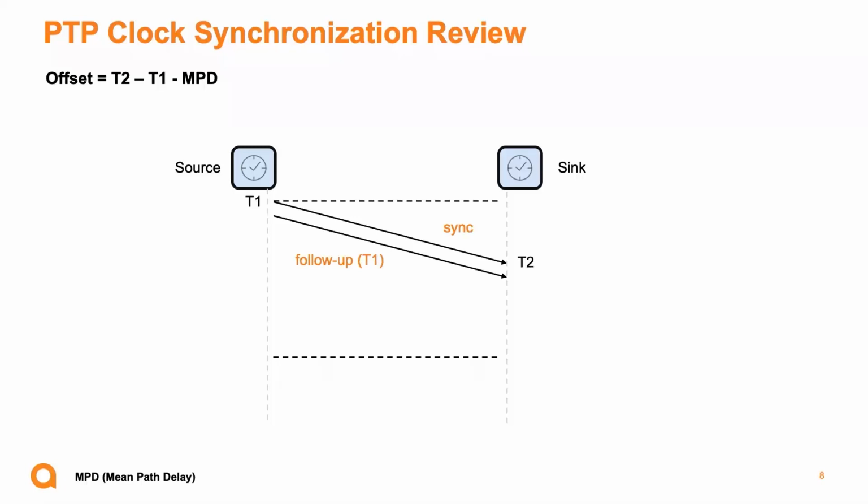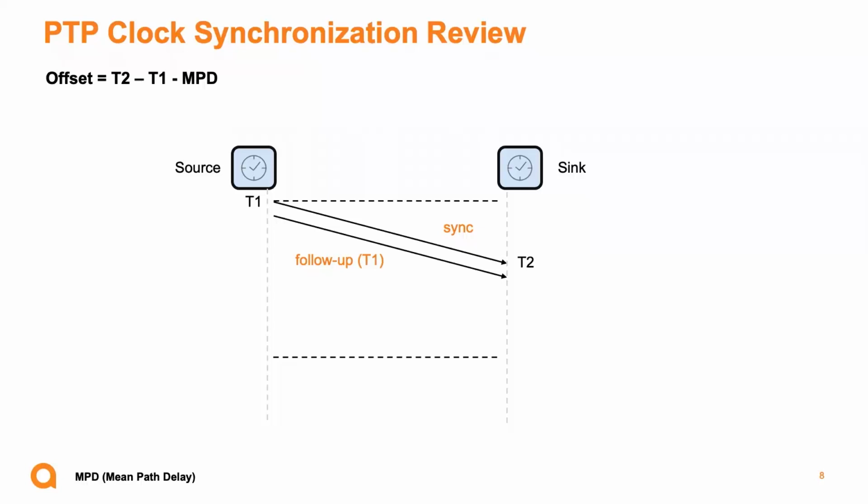The source starts by sending a synchronization packet called sync. Do not confuse that with the word sync that we use to describe the client device here. That synchronization packet is transmitted by the source at a time called T1, and it is received by the sync at a time known as T2. And here there are two options.